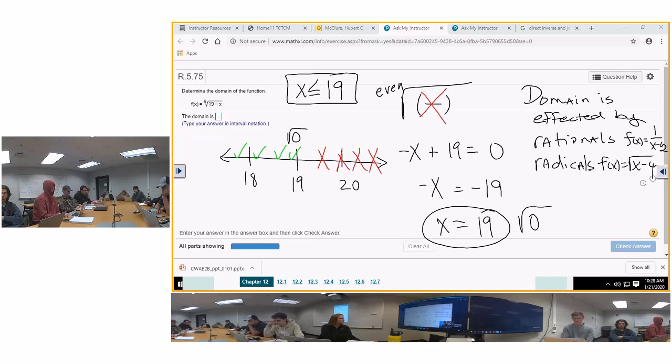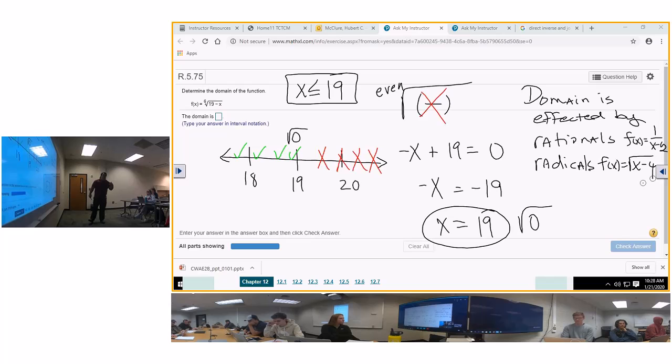If you have a rational or radical function, you're going to have to find the domain. Other than that, the domain's all real numbers.